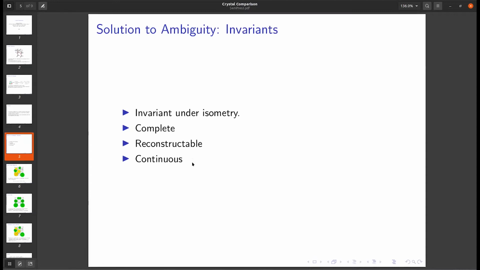And the final property that we're looking for is continuousness. This is quite a difficult property. The idea is that if you perturb atoms or if you slightly skew the unit cell, you will end up with a barcode that only slightly varies as well. And the combination of all of these properties can be incredibly powerful.